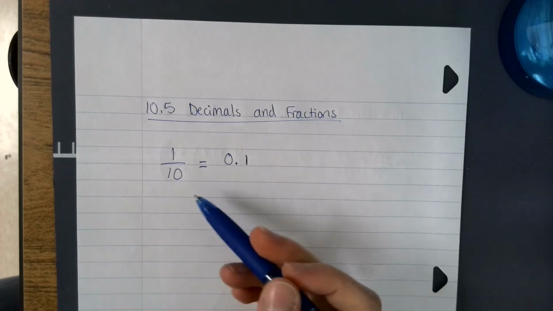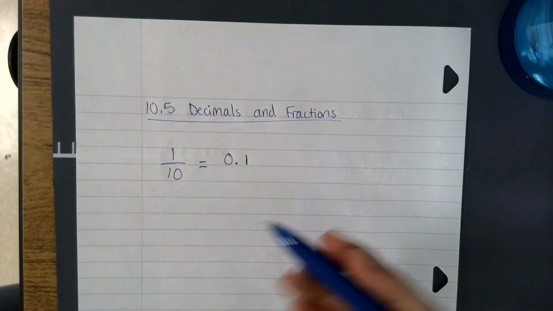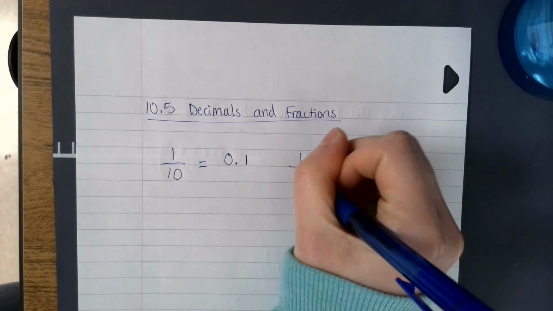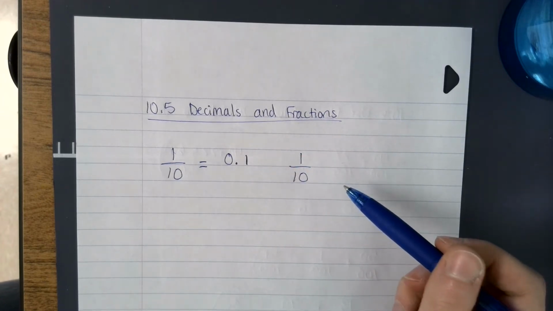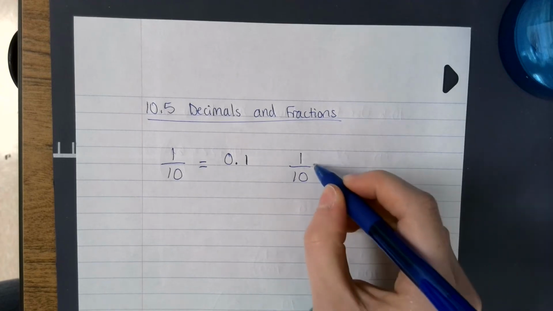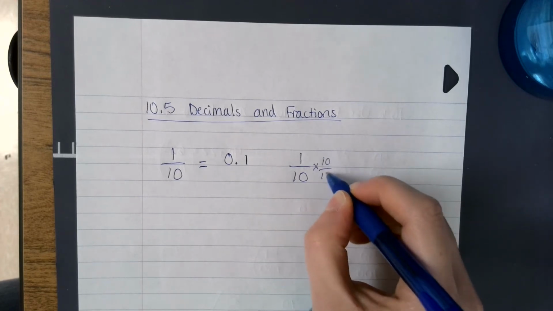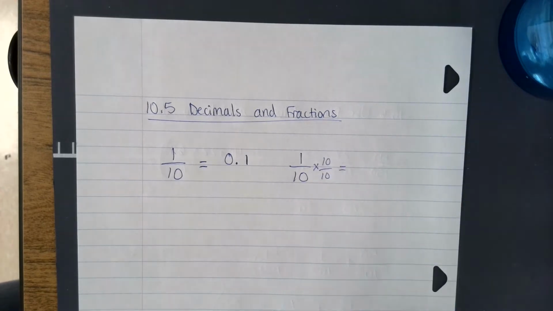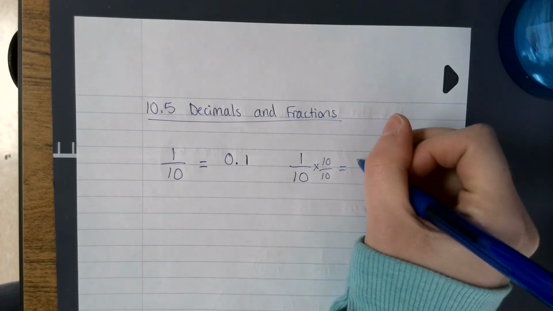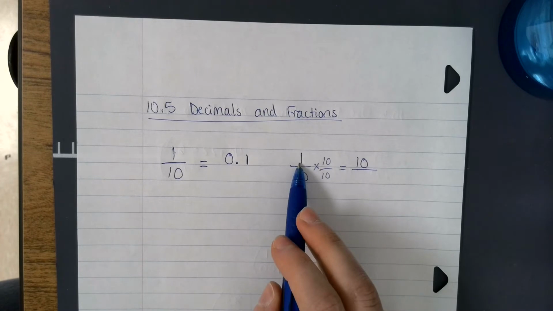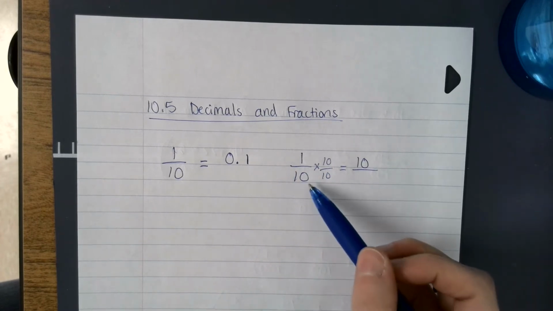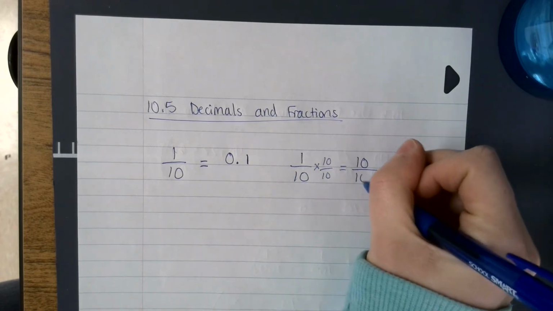In order to write this as a fraction out of 100, what I would do is take 1/10, and to get from 10 to 100, I multiply by 10. So I can show times 10 over 10, but what really happens when I multiply by 10 over 10 is that I'm just adding a 0 to both numbers. So I'm adding a 0 to the 1 to make it 10, and I'm adding a 0 to the 10 to make it 100.